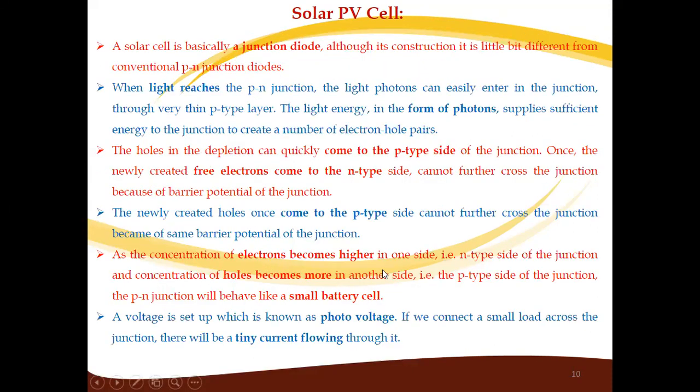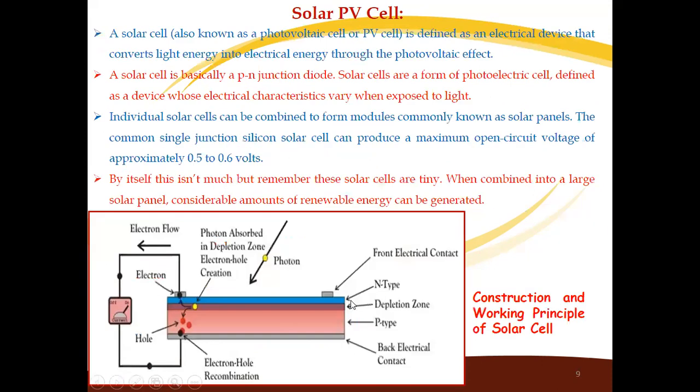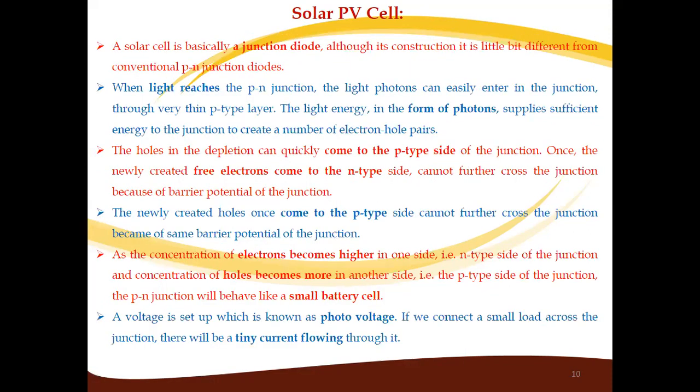Because of this, the PN junction will behave like a small battery cell, and the voltage that is set up is known as photo voltage. So we can connect a small load across this photo voltage, and a tiny amount of current will flow. So this is the construction and working principle of the solar cell.